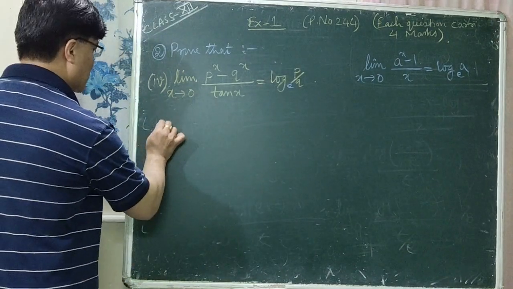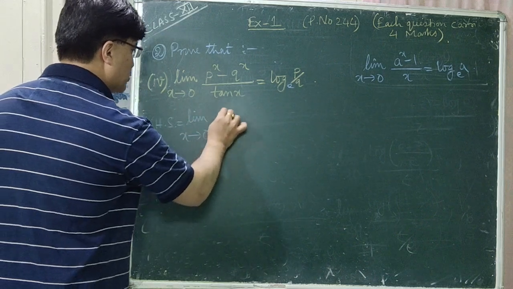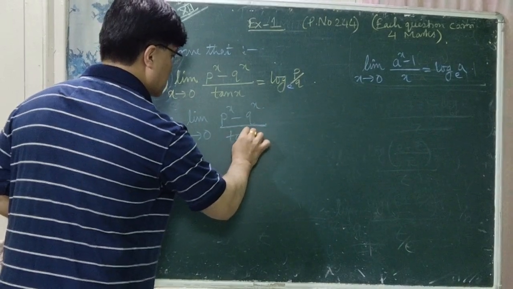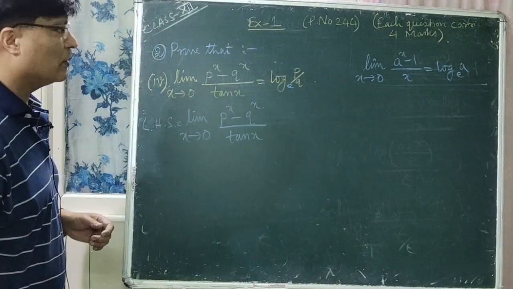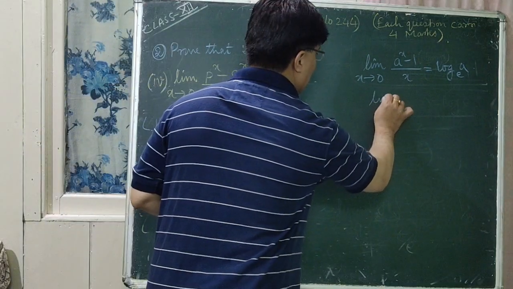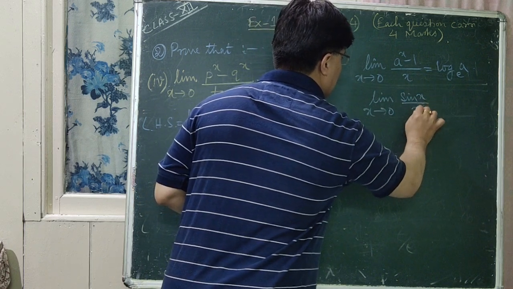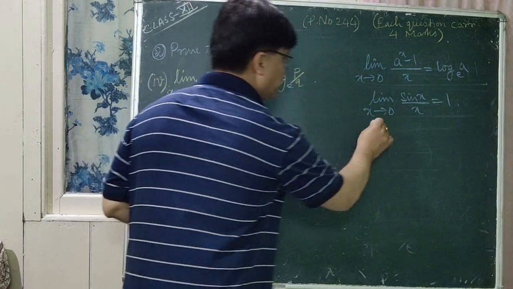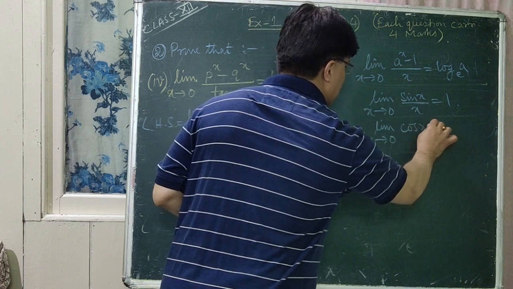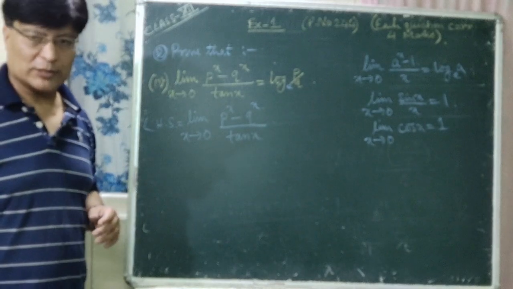So LHS is equal to limit x tends to 0, p to the power x minus q to the power x divided by tan x. In the denominator, you can use the formulas limit x tends to 0, sin x by x is equal to 1, and limit x tends to 0, cos x is also 1, because tan x is given here.